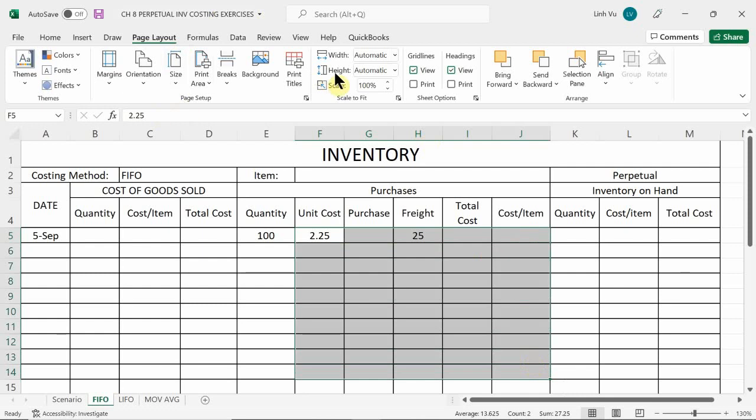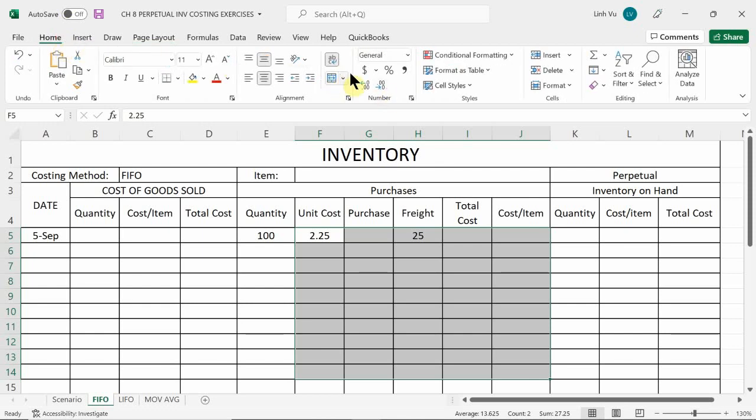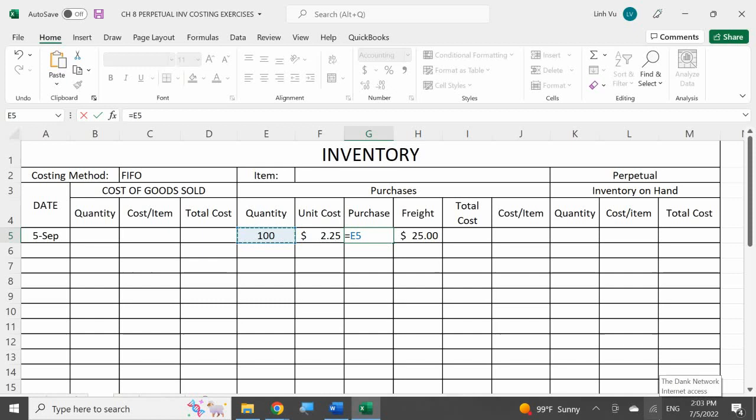What is my total purchase price? Quantity times unit price gives you 225, plus $25 gives you 250.